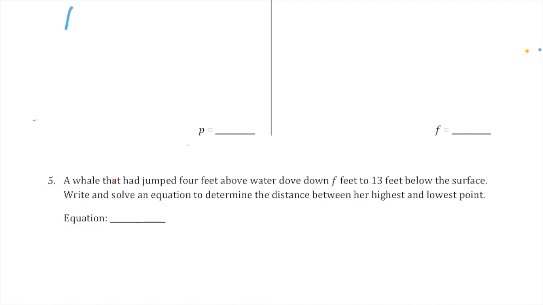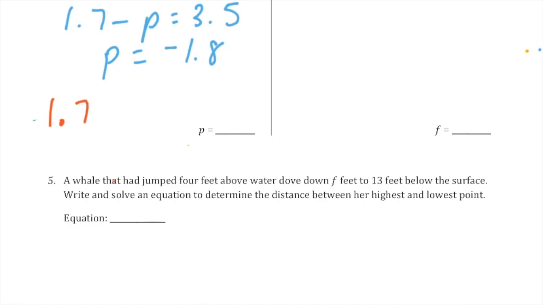I'm going to write the original equation, define my variable, and now I'm going to plug negative 1 8/10 back into p, or substitute negative 1 8/10 back into p. All right? So I have 1 7/10 minus p, which we found out earlier is negative 1 8/10, is equal to 3 5/10.